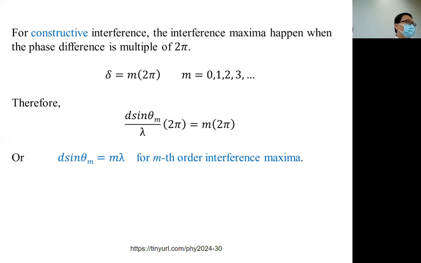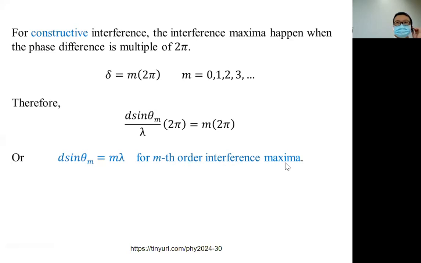Setting delta equal to m times 2 pi, the 2 pi and 2 pi cancel out, so you have d sine theta over lambda equal to m. Multiplying both sides by lambda, you get d sine theta equal to m lambda, where m is the order of the interference maxima.